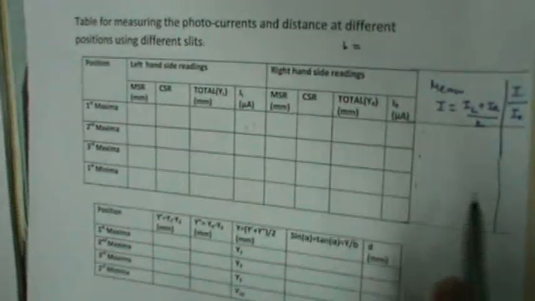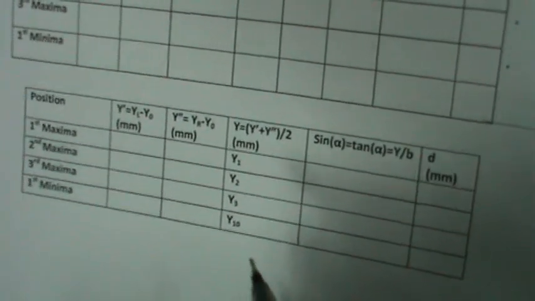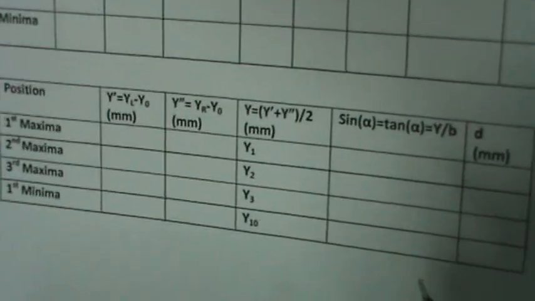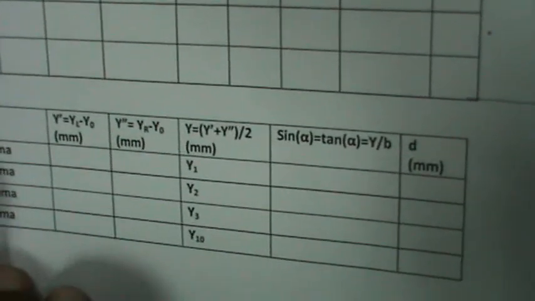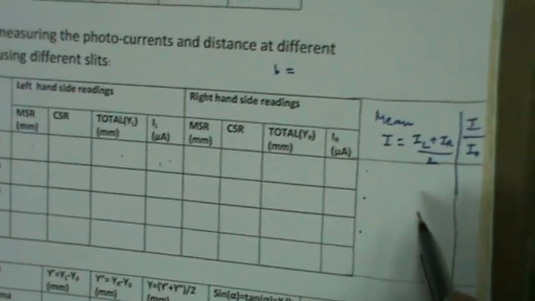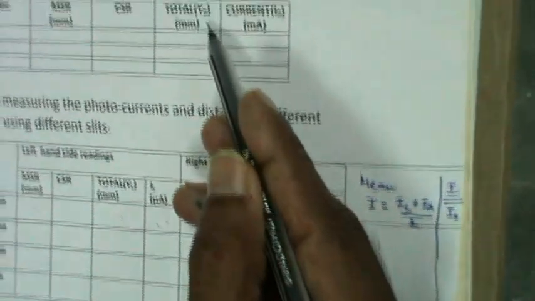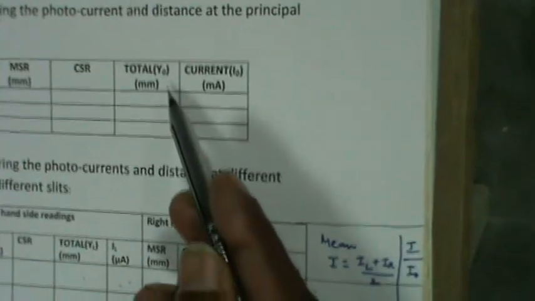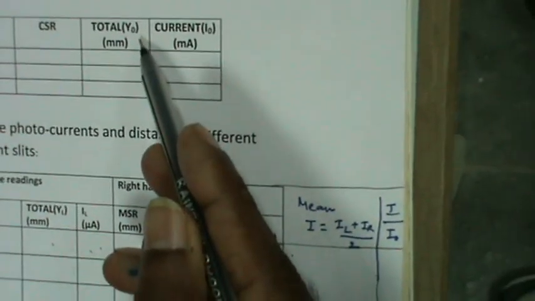In principle, for minima you don't need to do that, because for the first minimum, theoretically speaking, the intensity should be very less, it should be 0. So then what you try to do is that you know what exactly is the reading corresponding to the central maximum, that is written separately like y naught.